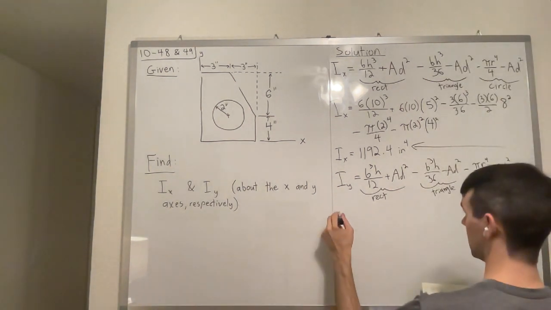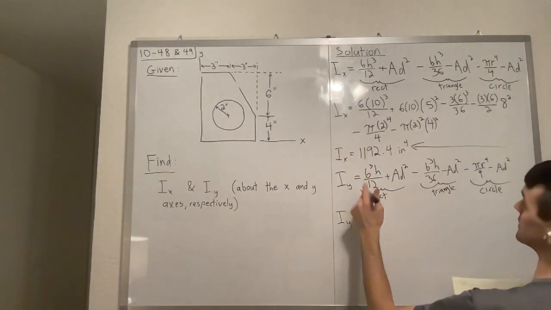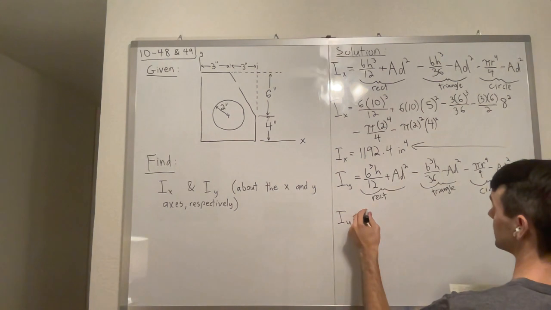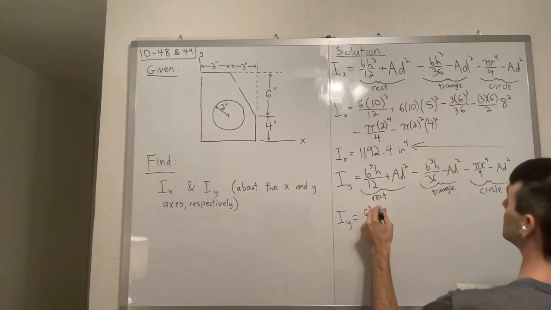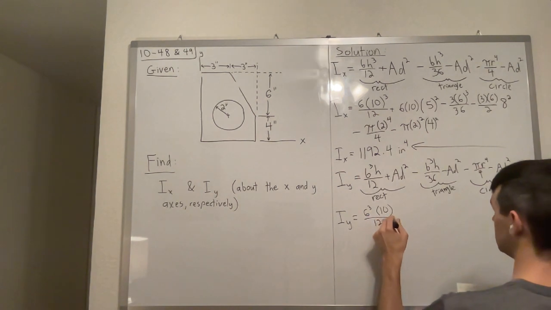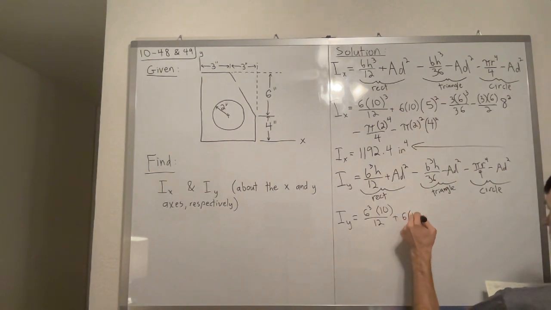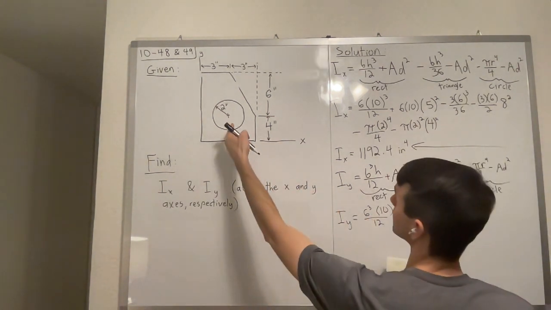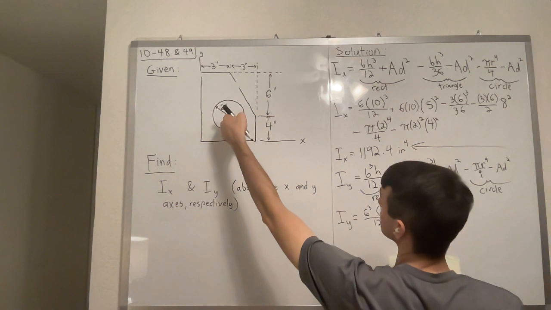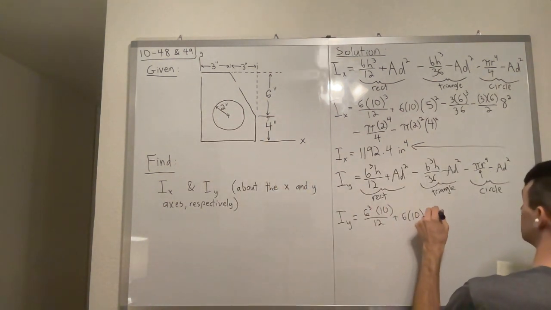So we get Iy. Base is 6 for the rectangle, so we'll get 6 cubed times 10 divided by 12, plus the area is 6 times 10. And the distance from the center of the rectangle to the y-axis is 3, so we'll get 3 squared.